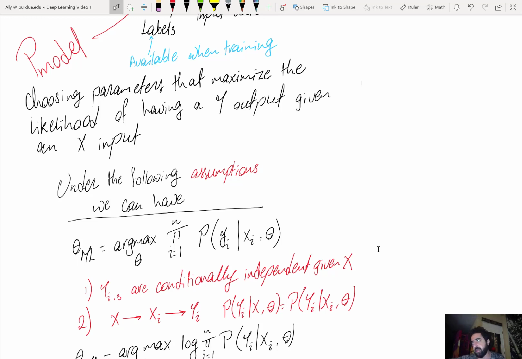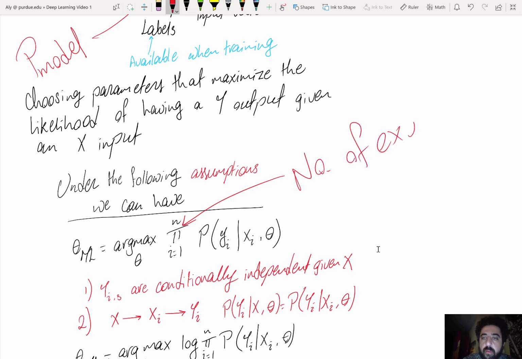Each x can have multiple components, so do not confuse the xi here with the features. And you have the labels corresponding to each x. So n is the number of examples. The first assumption is that the yi's, the labels, are conditionally independent given x.